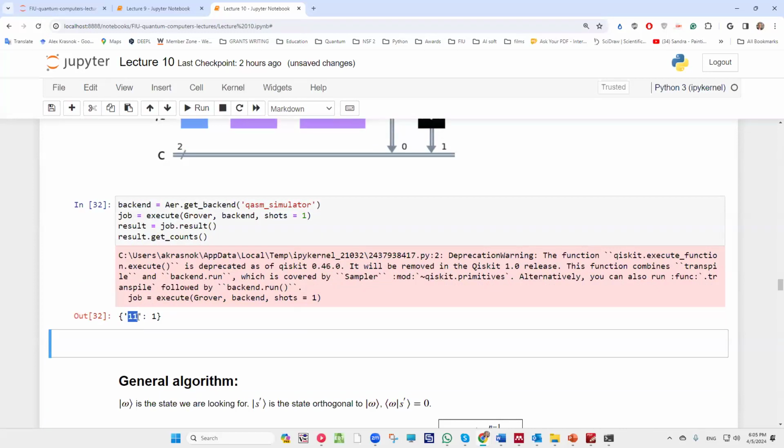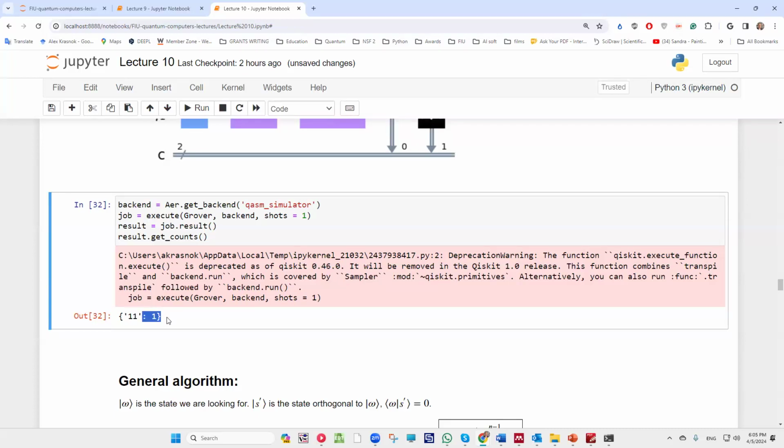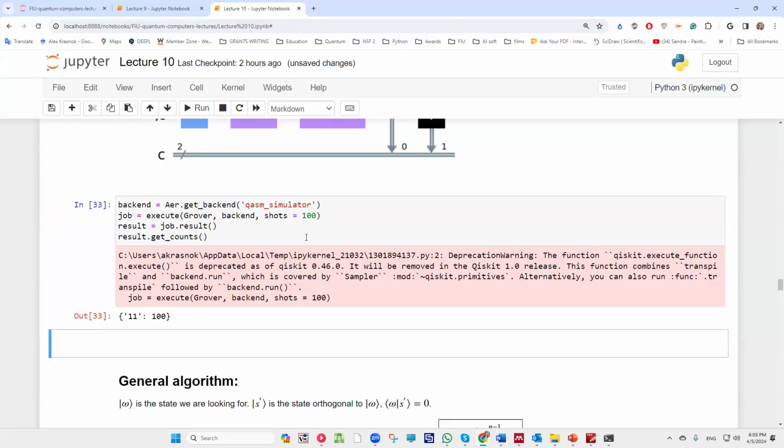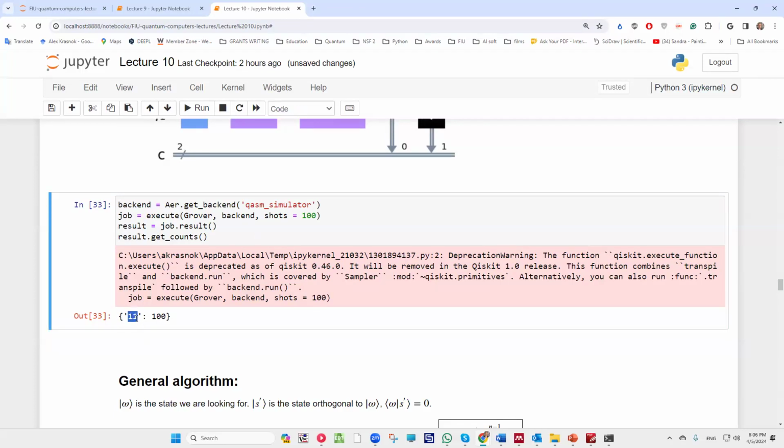So the result is unique, only state 1, 1. And we got this from the single call. Of course, if I put more shots into this experiment, all 100 shots will end at the state 1, 1.